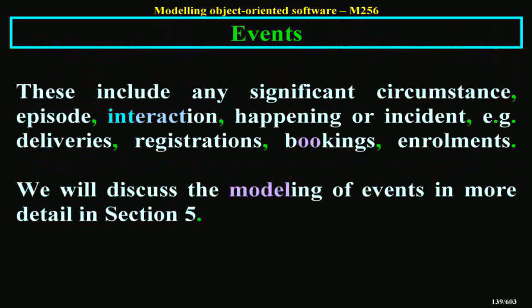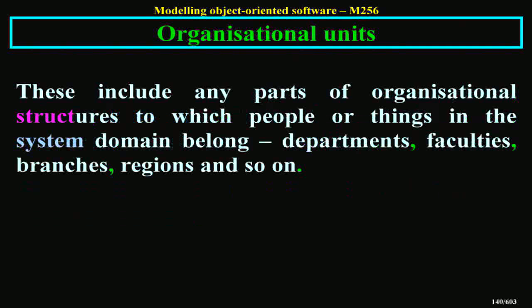Events. These include any significant circumstance, episode, interaction, happening or incident, e.g., deliveries, registrations, bookings, enrollments. We will discuss the modeling of events in more detail in Section 5. Organizational units.